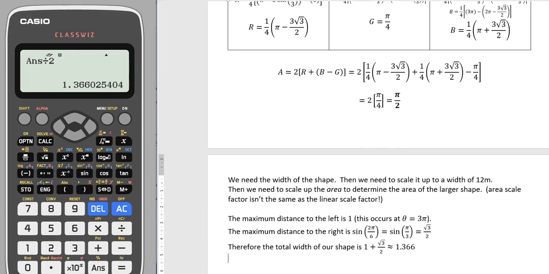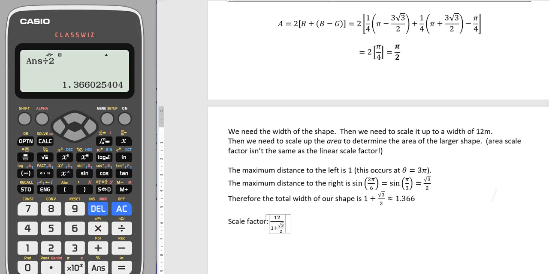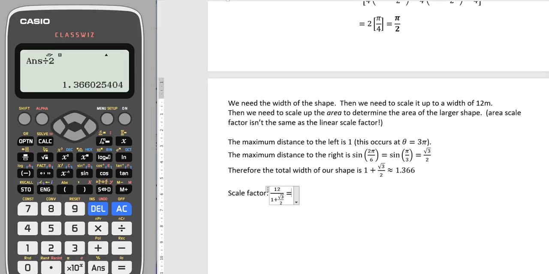We need a width of 12 meters. So from our 1.366 units, we need to go up to 12 meters. The scale factor will be 12 divided by 1 plus root 3 over 2. So we can keep that nice and exact in there. And it's a little bit messy, but if need be, you can generate that as an exact value. You can do 12 divided by 1 plus root 3 over 2.